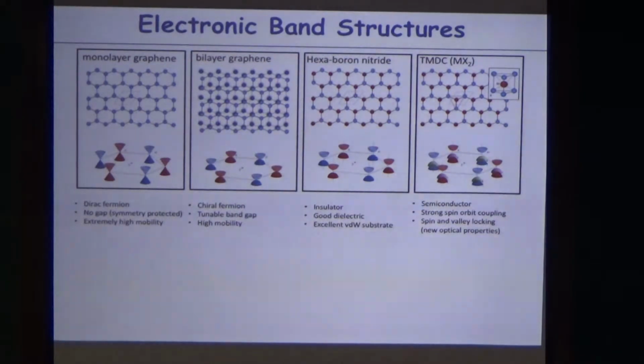And moreover, considering the time reversal symmetry in the system, you can see that the spins and the valleys are coupled together, in the sense that spin is polarized in one of the valleys in this two-dimensional Brillouin zone, but the opposite valley has the opposite sense of the spin. So this spin-valley locking often plays quite an important role in understanding the physics going on in these TMDC 2D materials, right?